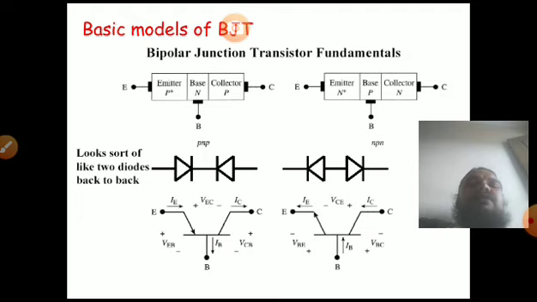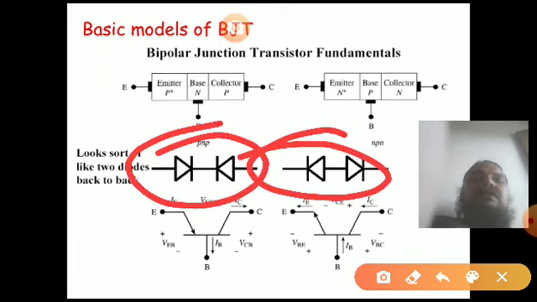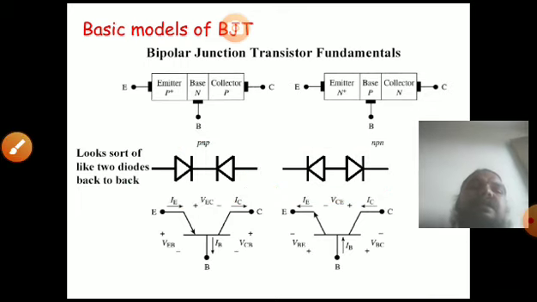There are two types of BJTs: the first is the PNP transistor and the second is the NPN transistor. They look like two diodes back to back.